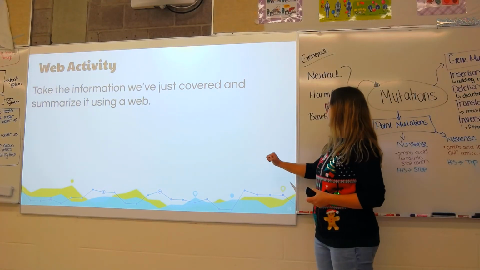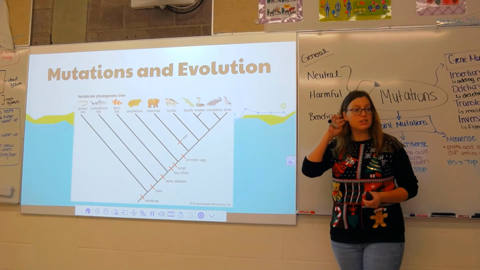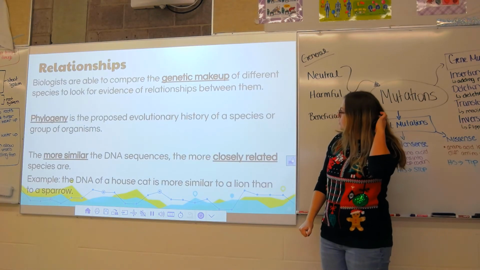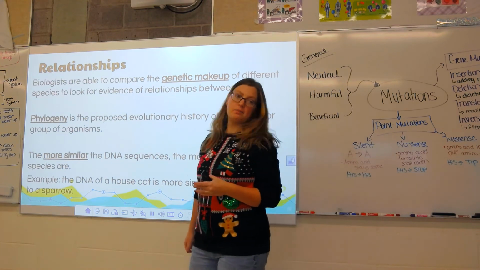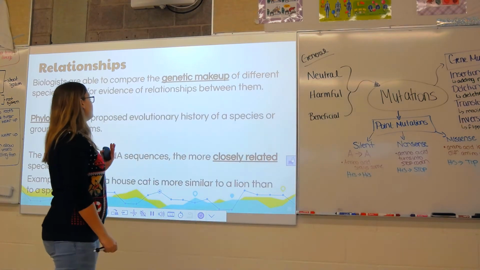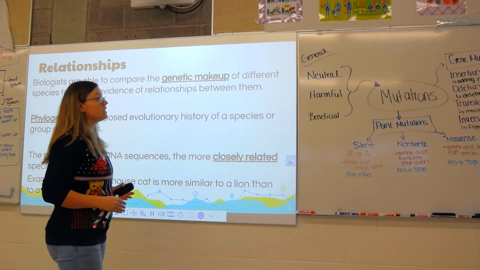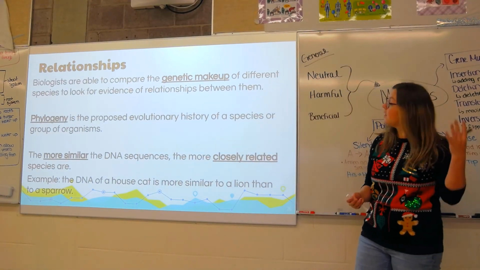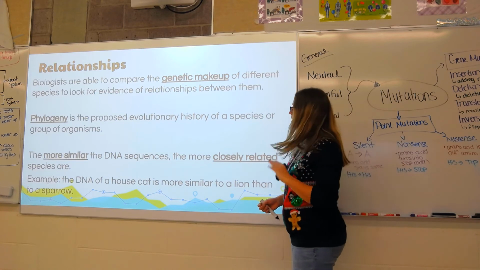So the last little bit here is looking at mutations in evolution. So biologists, again, are able to compare the genetic makeup of different organisms and different species and look at the relationships between them. So how similar are their DNA? Or how similar is their genetics?